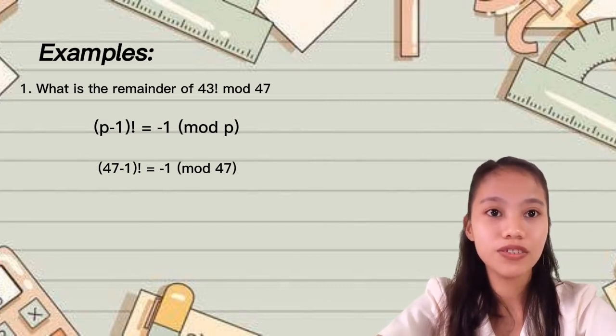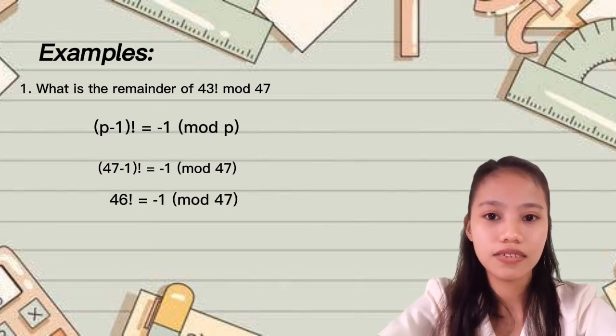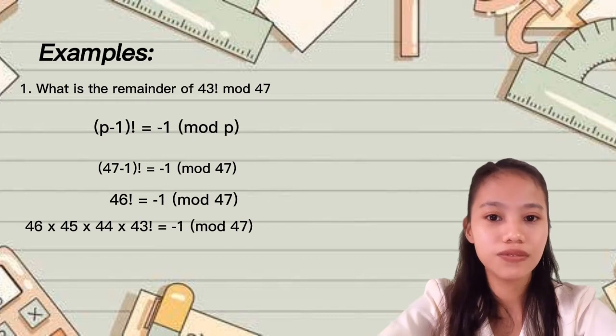Now, (47 minus 1) factorial is equal to negative 1 modulo 47. Since 47 minus 1 is 46, it becomes 46 factorial is equal to negative 1 modulo 47. Since we are looking for 43 factorial, it becomes 46 times 45 times 44 times 43 factorial is equal to negative 1 modulo 47.